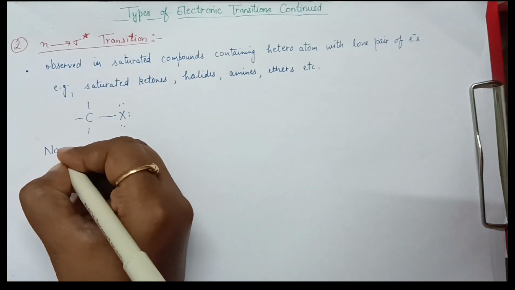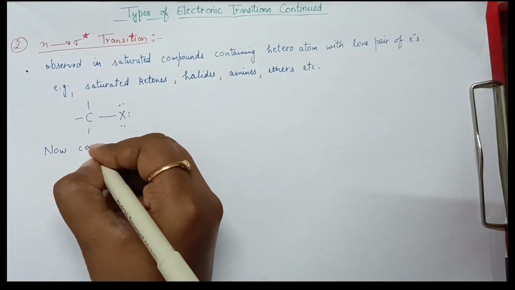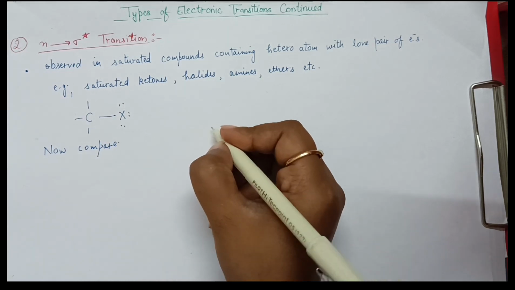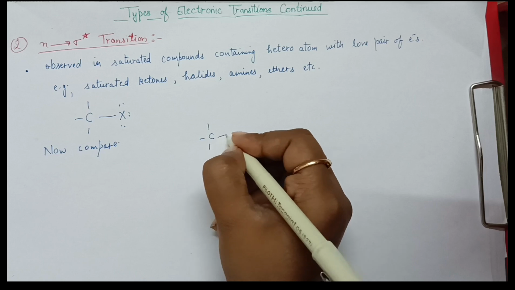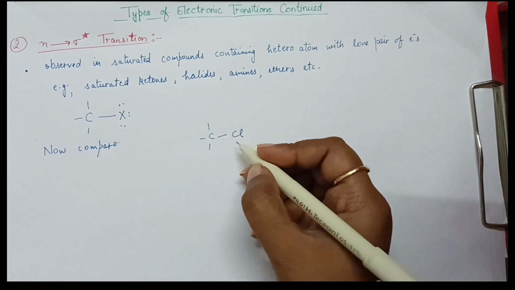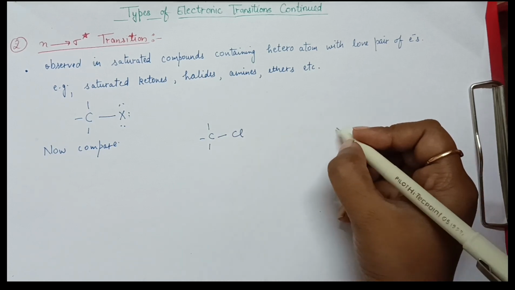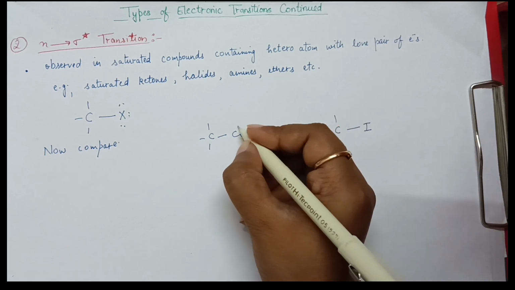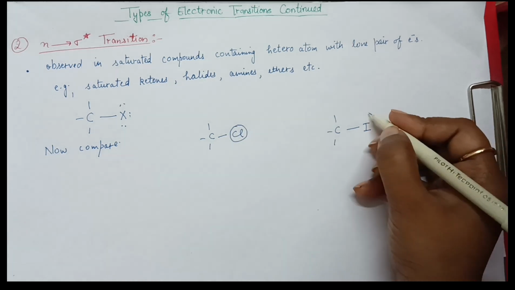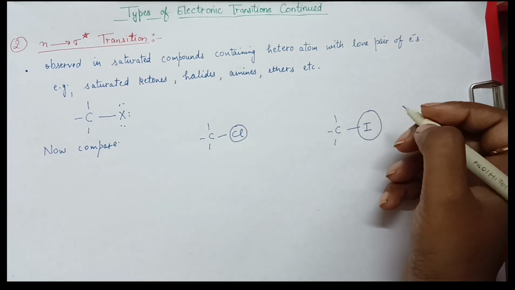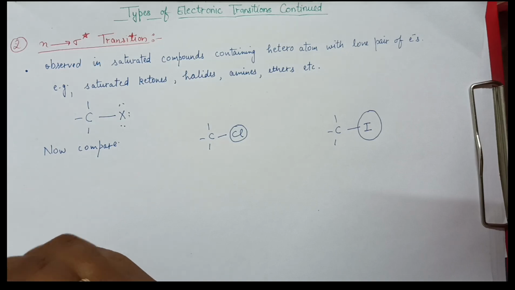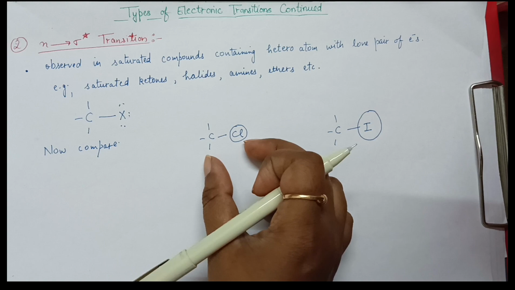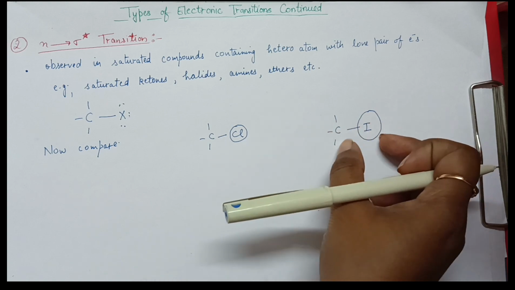Now if we want to compare between the halides, suppose we have chlorine and here we have iodine. Now we want to compare the n to sigma star transition taking place here and here.